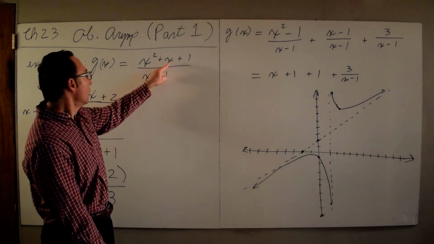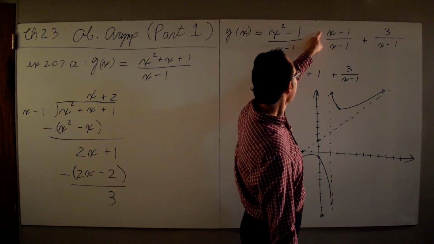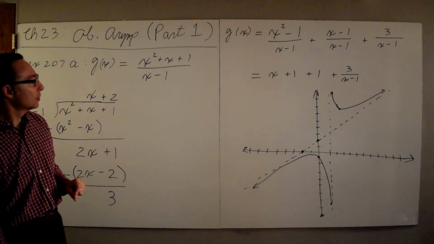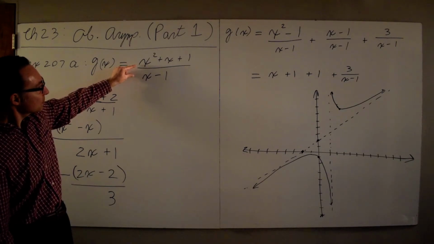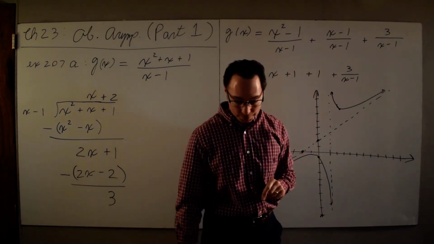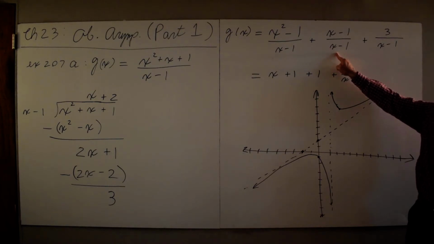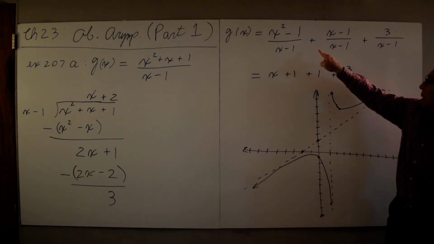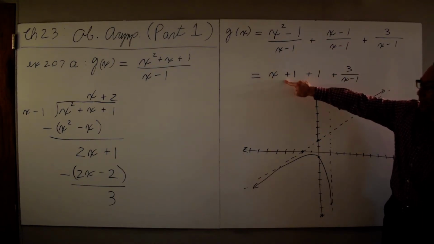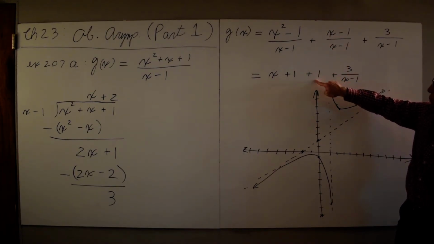And then we want an x minus 1 divided by x minus 1. So these terms reduce nicely. That's why we put these terms here, because we want them here. X squared minus 1 divided by x minus 1 is x plus 1. X minus 1 divided by x minus 1 is 1.